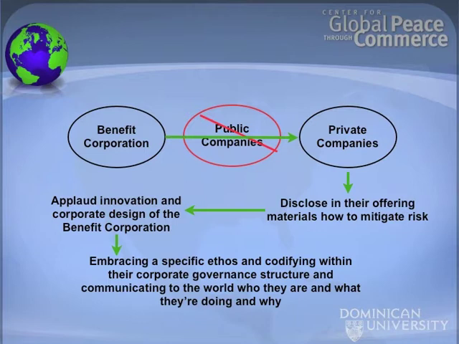Instead, what they are doing is embracing a specific ethos and codifying it within their corporate governance structure and communicating to the world who they are and what they're doing and why they're doing it. And for that reason, they are to be applauded. And I think that is the reason that most people who are looking at benefit corporations are, in fact, doing it.